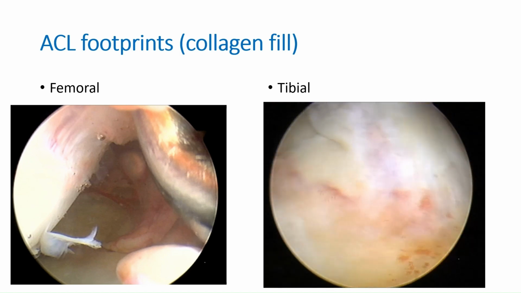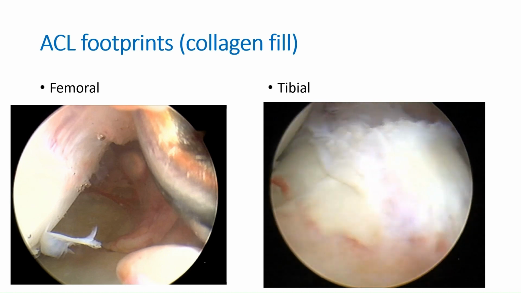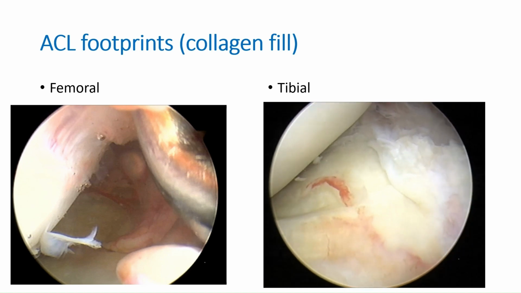So this whole area is the collagen fill of the tibial attachment of the ACL. You cannot reconstruct this with a graft, so it's wise to leave whatever you can from this while reconstructing a partial injury.